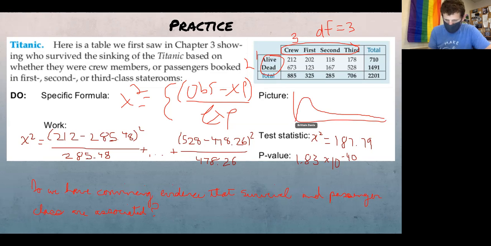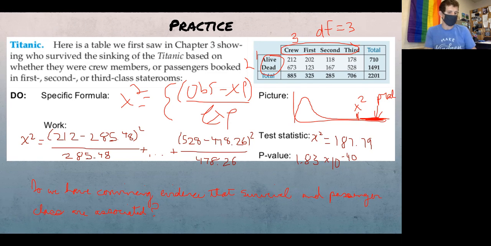And actually, let me do it more like this. So at this point, it's basically down. Okay, so now we've got 18.75. Let's say that's right here. That's our chi-square statistic. And it's this right here. And that area is the p-value, which is very small. Smallest one we've seen, perhaps. I think that's the smallest one.